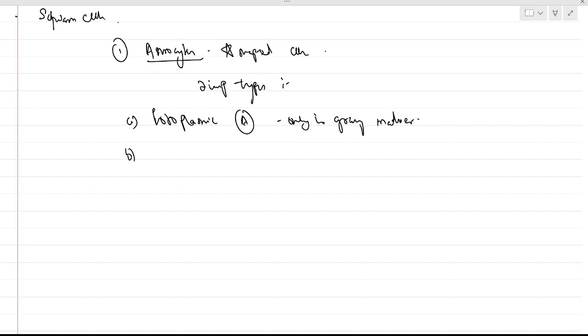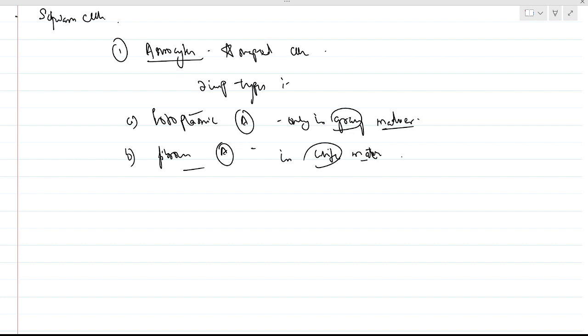The other one is the fibrous astrocyte, in white matter. Gray matter protoplasmic, white matter fibrous.